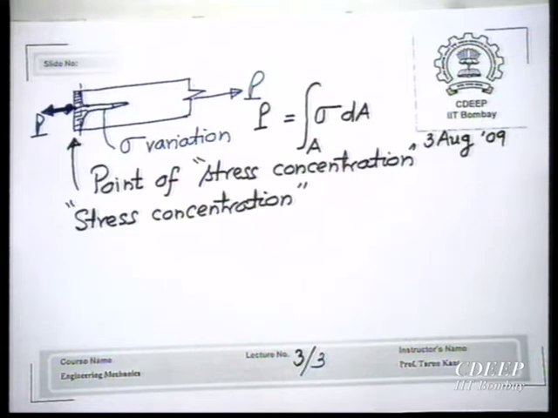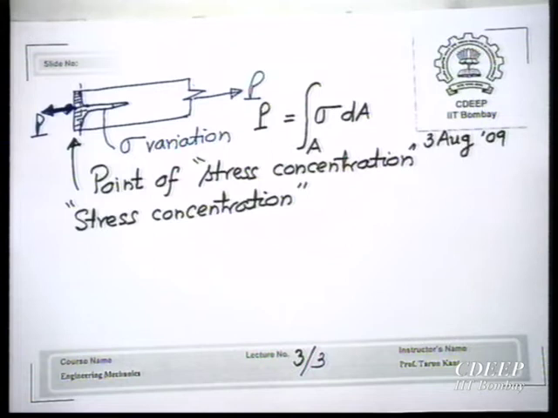So, as a designer you have to take extra care, because this course will help you to design a member. Given a material, given a rod, you have to decide what will be its cross section in order to take up this much load. So, that is called design.